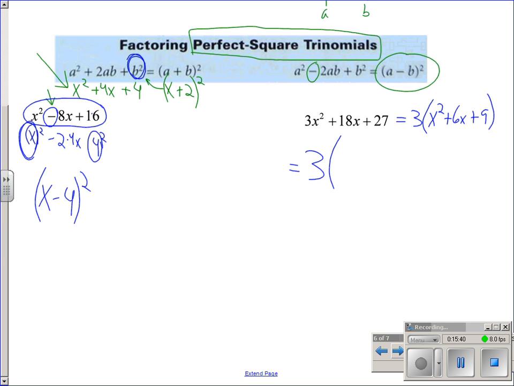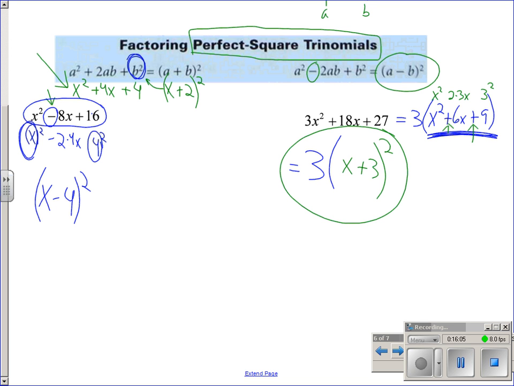Now we're just concentrating on the x squared plus 6x plus 9. Again, this follows that perfect square trinomial pattern. That's 3 squared. This is 2 times 3 times x. This is the x squared part. Now, notice everything is positive. So, this is going to factor to x plus 3 quantity squared. Okay, that's the factoring for it.